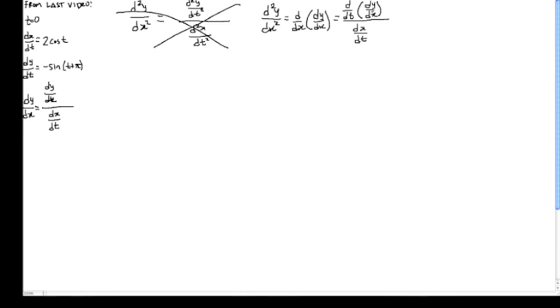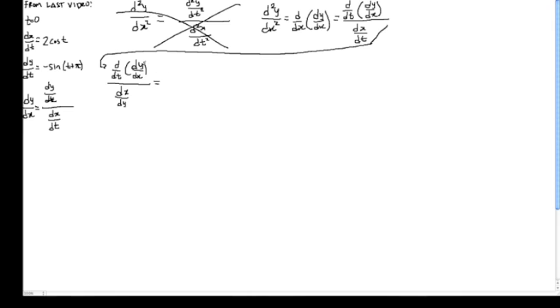Okay, so the second derivative is going to be d dt of dy over dx over dx over dt.